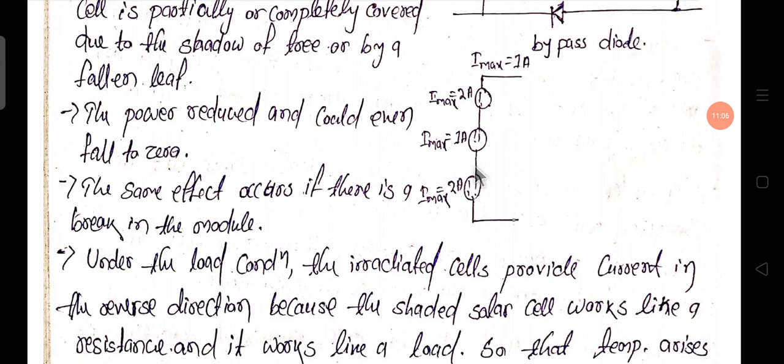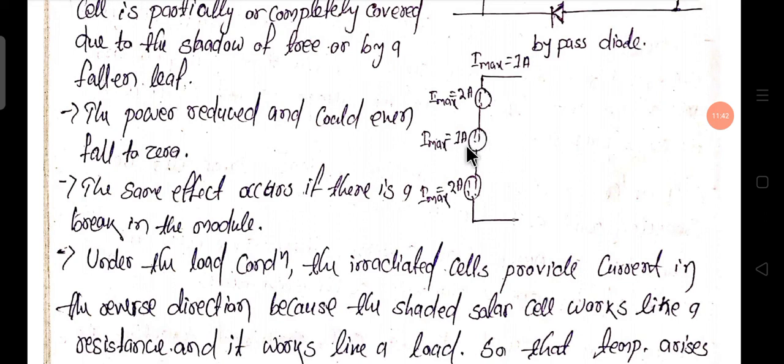This is because the shaded solar cell, the solar cell present in a shade, works as a resistor, and it works like a load. Let's see how.